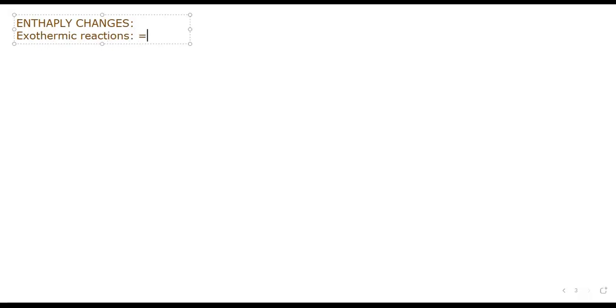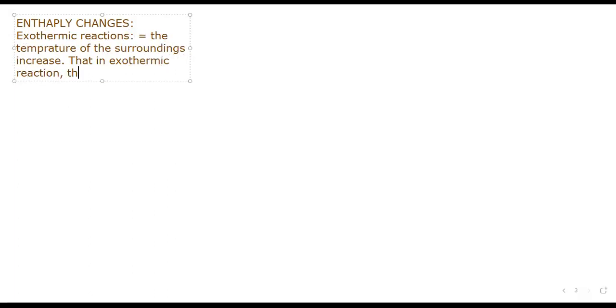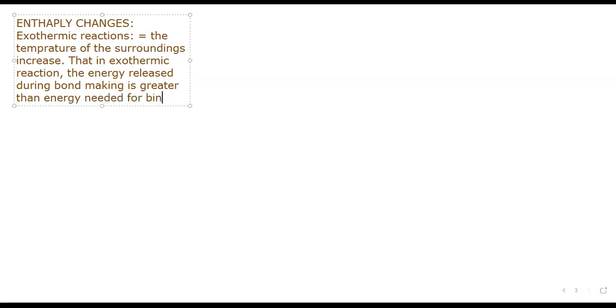In an exothermic reaction, the temperature of the surroundings increases. Why? Because in an exothermic reaction, the energy released during bond making is greater than the energy needed for bond breaking.